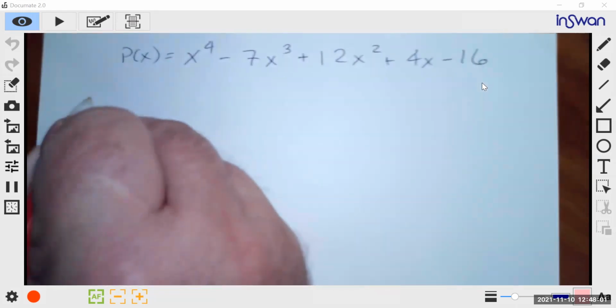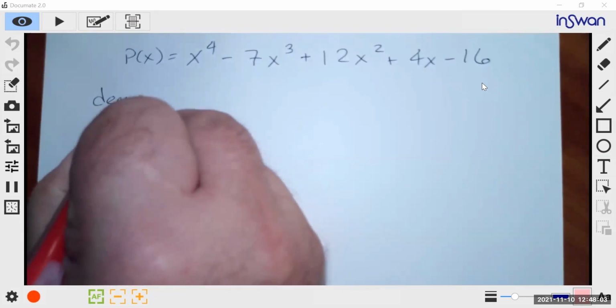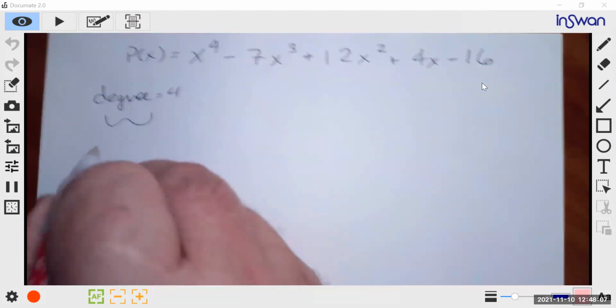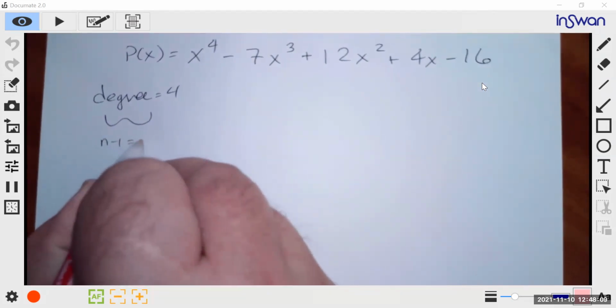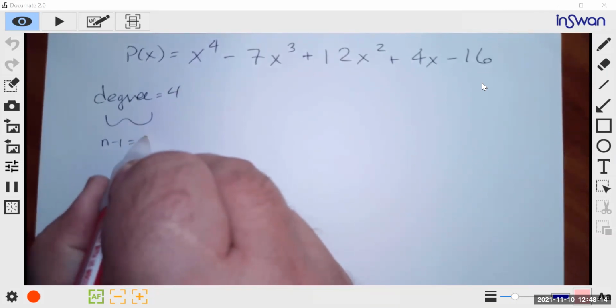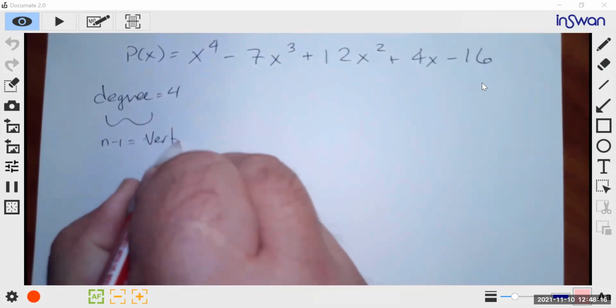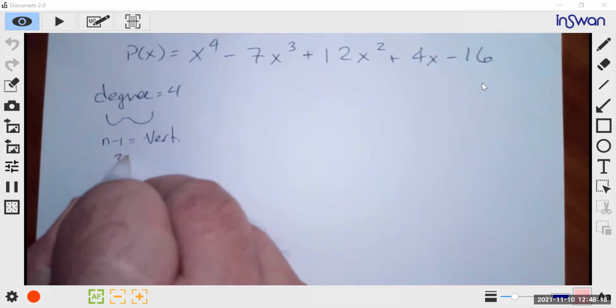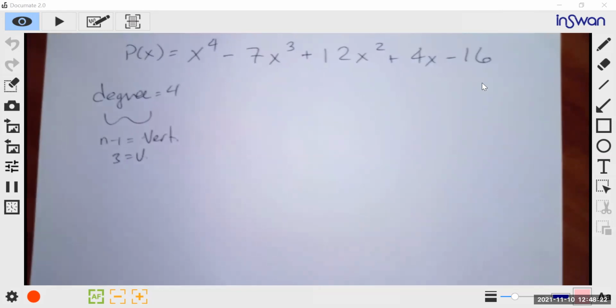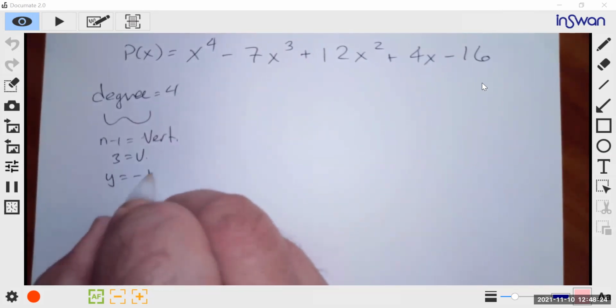Right, because we know that the degree is 4. That means we'll have 4 intercepts. We'll have n minus 1 vertices, so we'll have 3 vertices, which are turning points. The y-intercept is at negative 16.